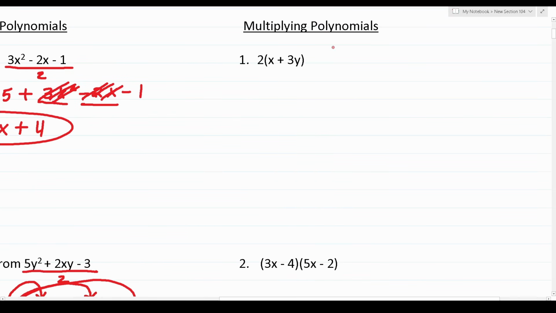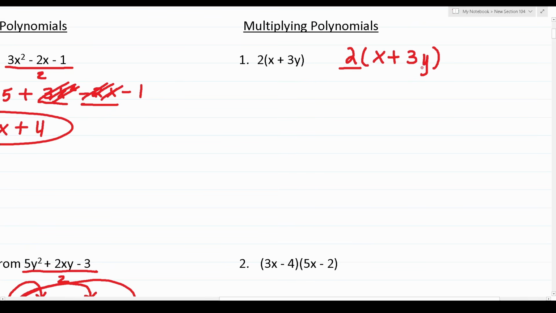Again, we have 2 times x plus 3y. So let me go ahead and copy that off to the side. We have 2 times x plus 3y. Now this 2 is actually our first polynomial. Again, the distributive property says take your first polynomial and multiply it by all the terms in your second polynomial.